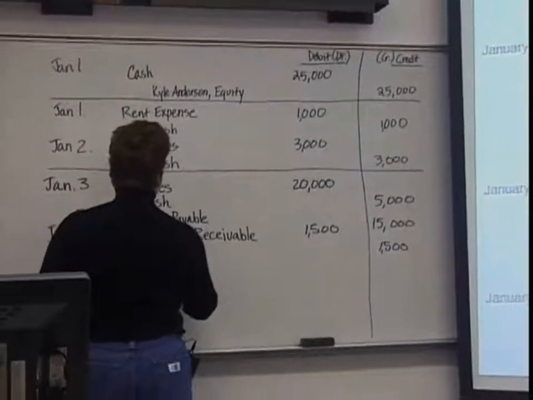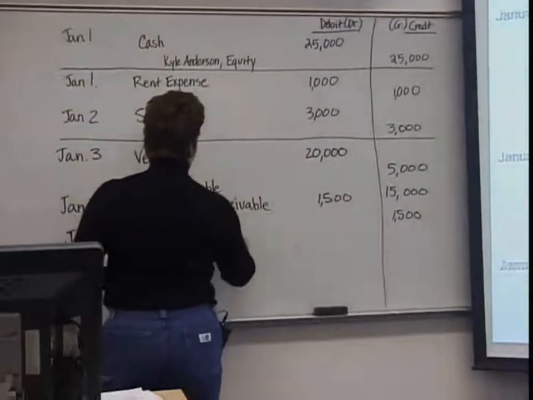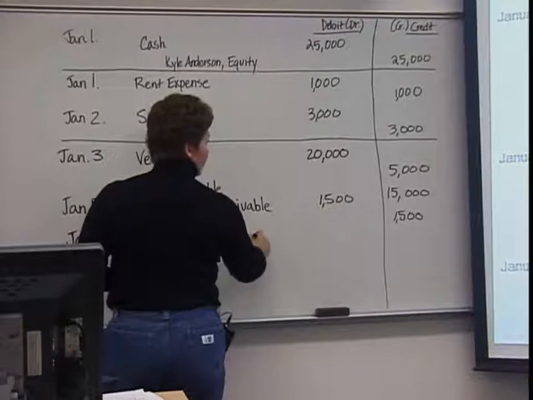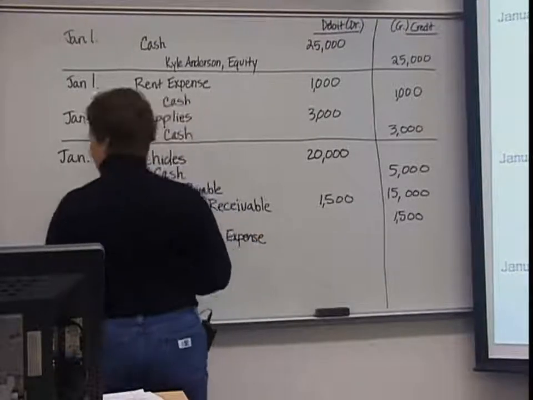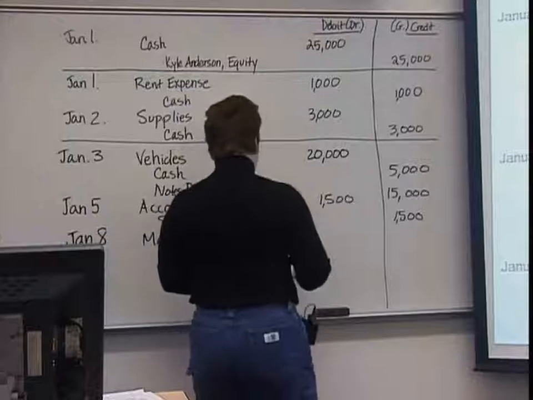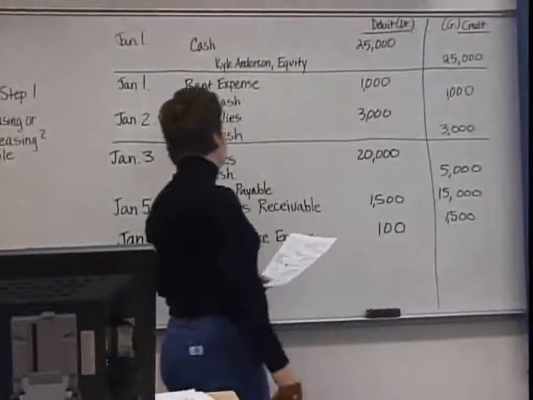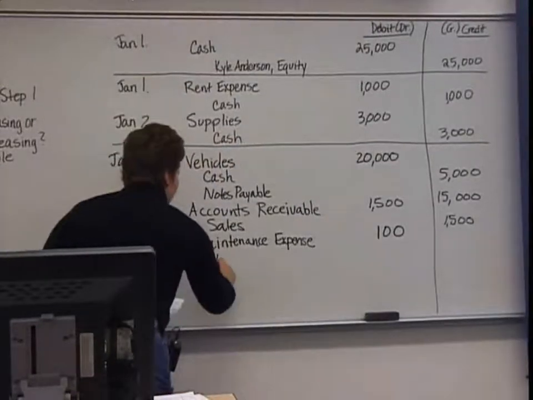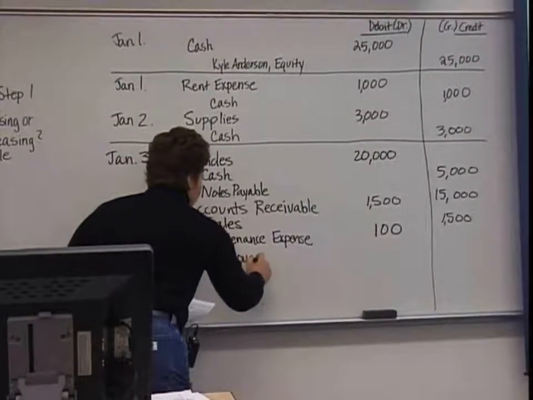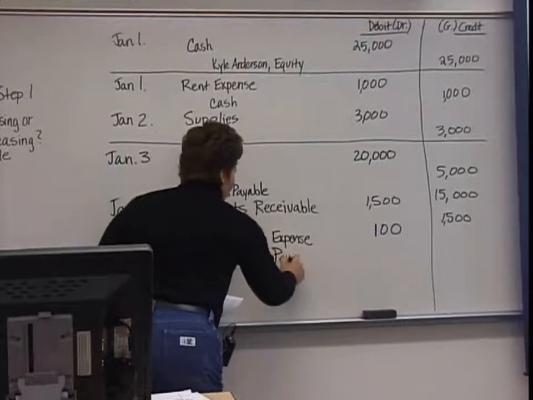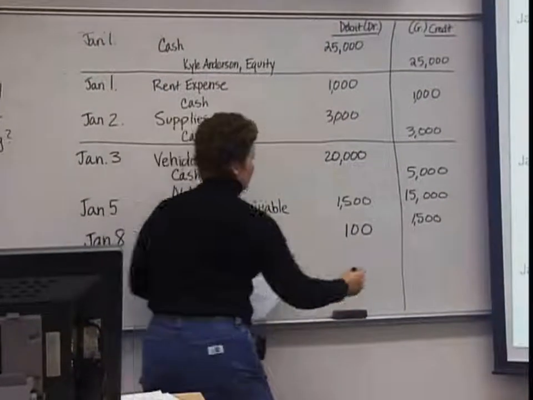So again, maintenance expense will be debited for $100, and accounts payable, which is a liability, will be credited to show that that will be increased.